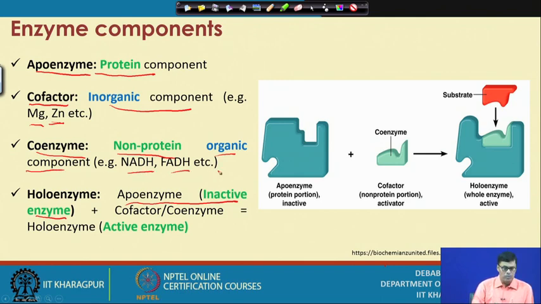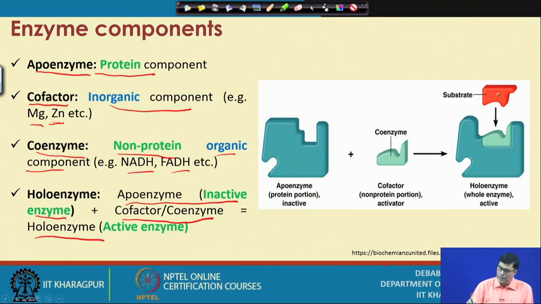So coenzyme is basically an organic molecule, and the other, inorganic molecules, we also consider as cofactors. Now, apoenzyme plus cofactor or coenzyme we call holoenzyme. Holoenzyme means active enzyme.